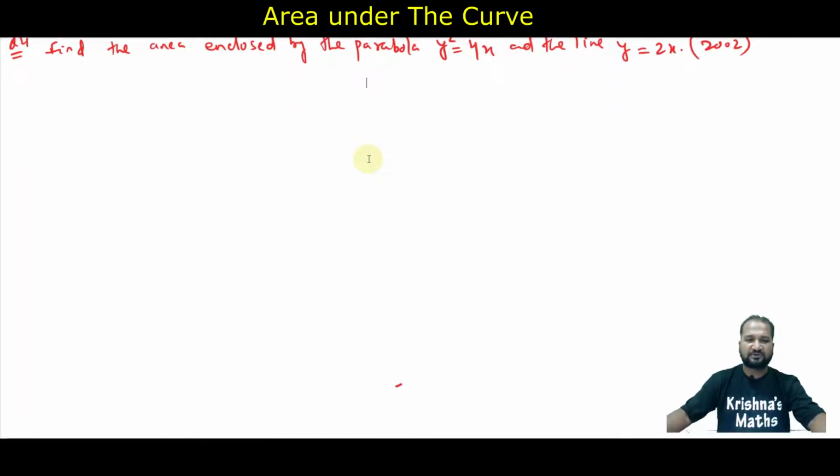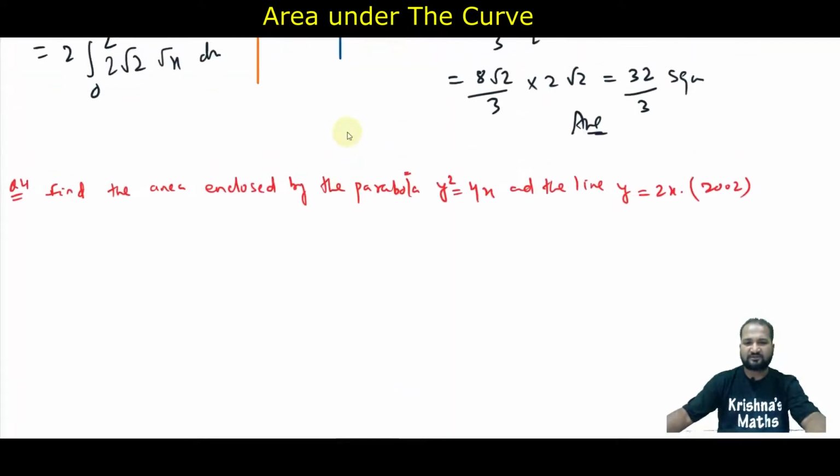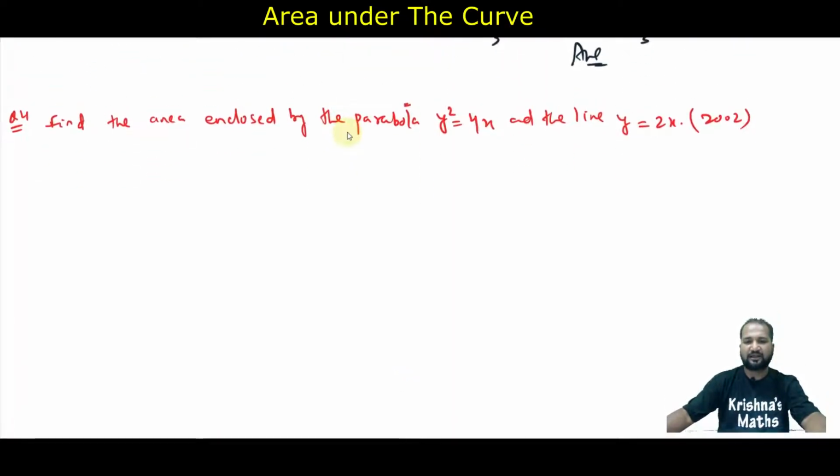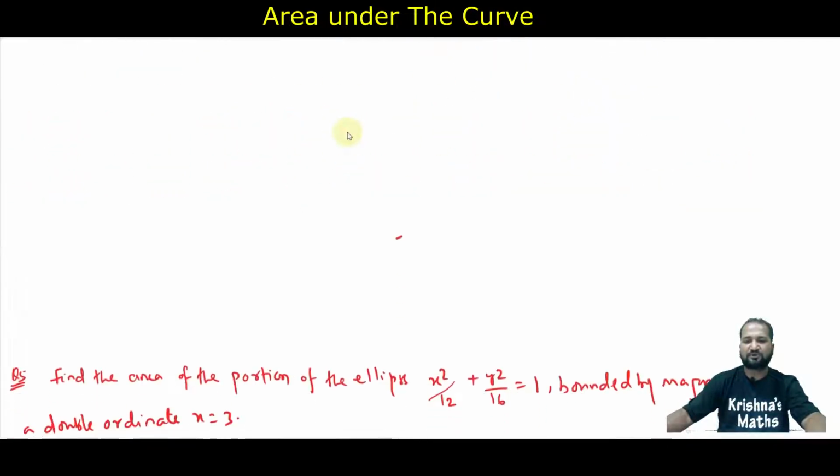The area enclosed by parabola y square equal to 8x and the line y equal to 2x.